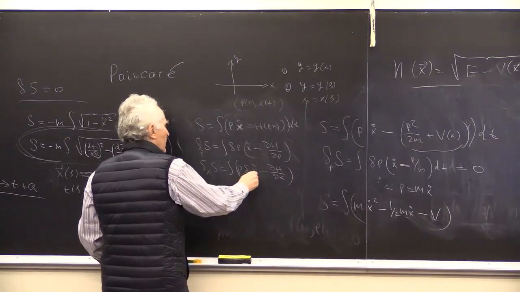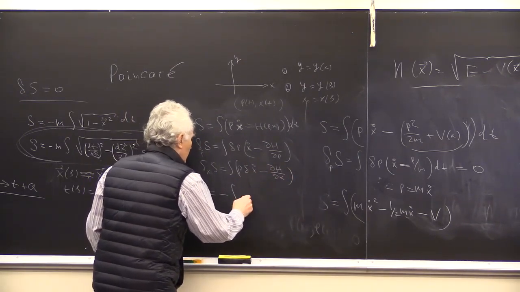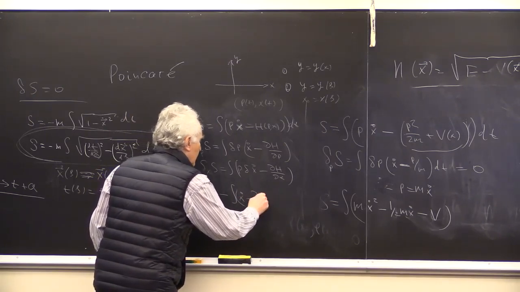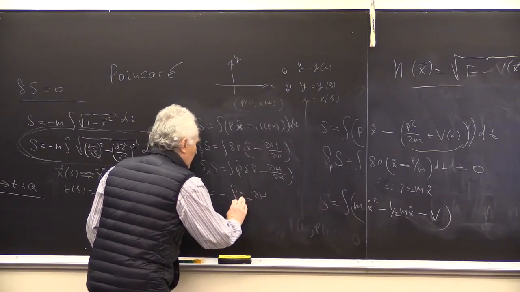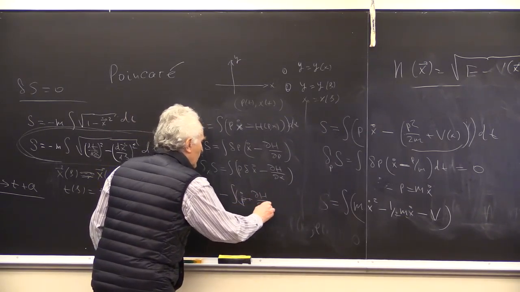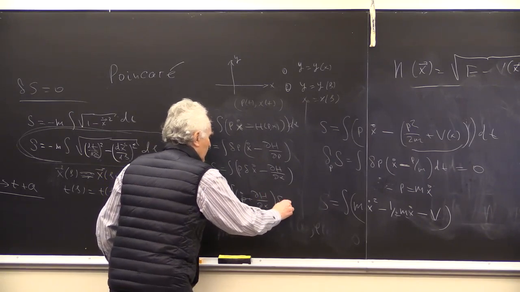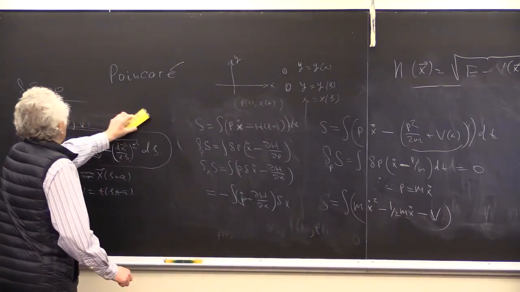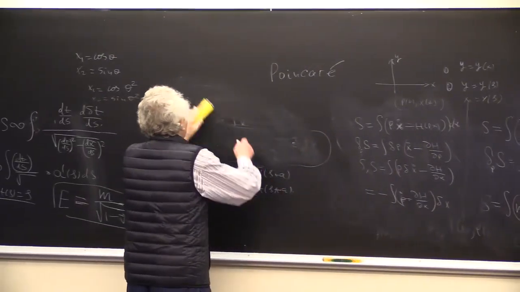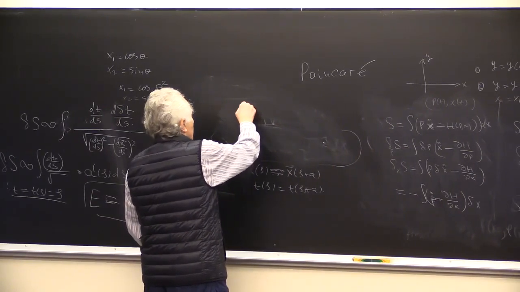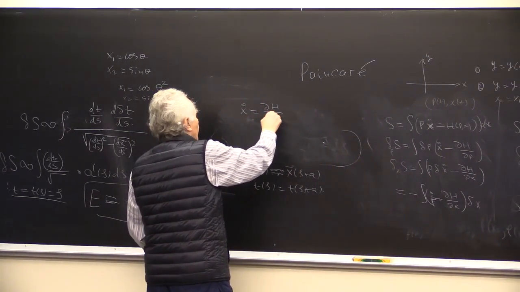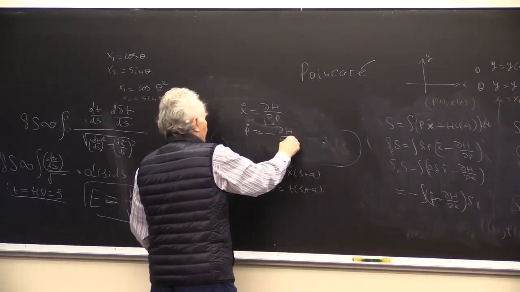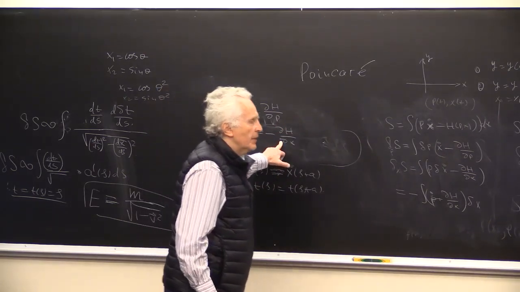Here you have to integrate it by parts, and you get p dot plus dh dx, times delta x. So you have two equations. Equation one is x dot equals dh dp. Equation two is p dot equals minus dh dx. This minus is extremely important.